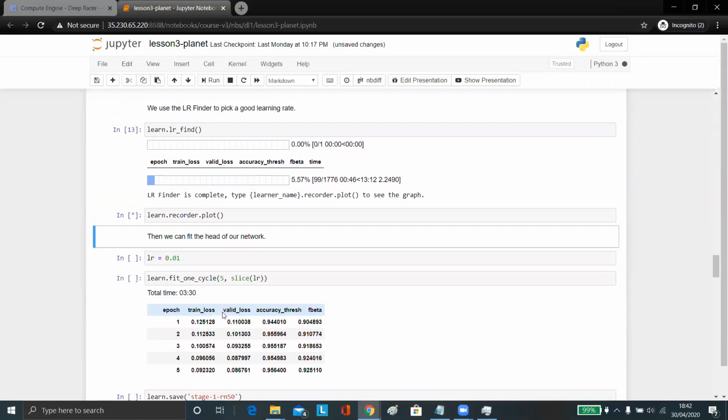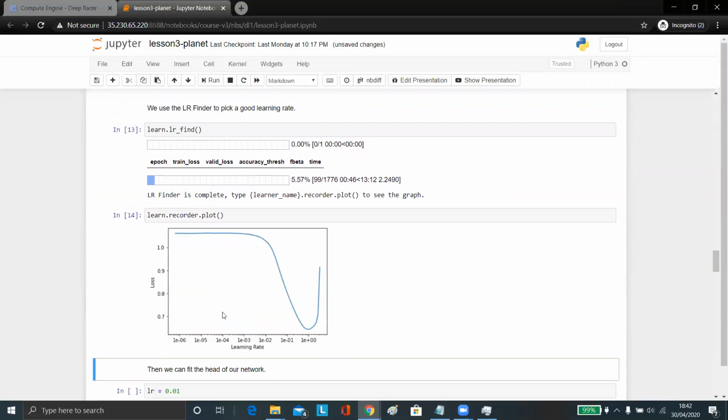So if we then plot it, we can see that this is actually one of the most easy to interpret versions of these. If you remember, what we're supposed to be looking for is the point of the steepest descent. So you can see here that the 1e-3 is pretty much at the top, and then 1 is the final one.